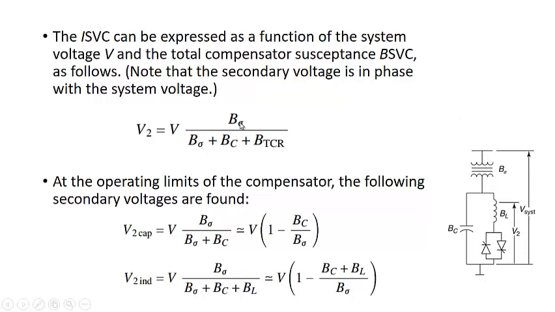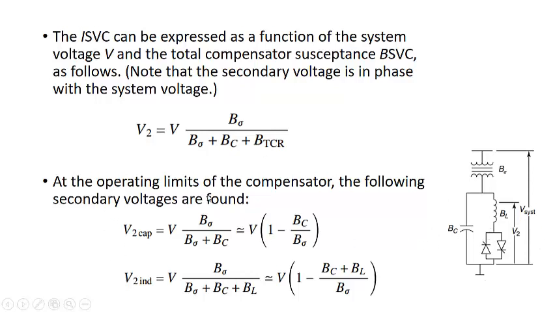But here, since we are dealing in terms of susceptances, the numerator will have the susceptance of the element across which voltage is not measured. So it will be equal to B_sigma divided by B_sigma plus B_C plus B_TCR, that is this combination.